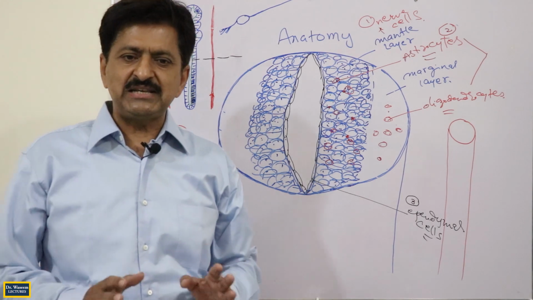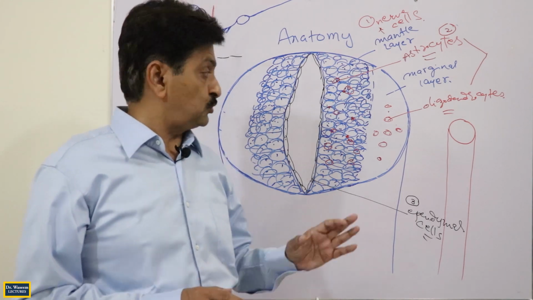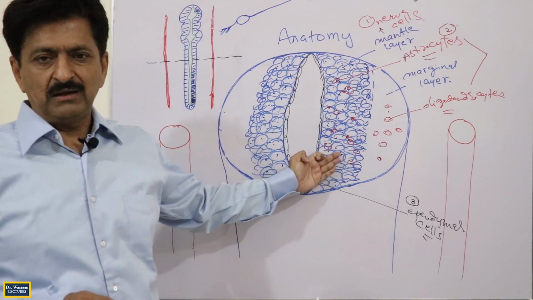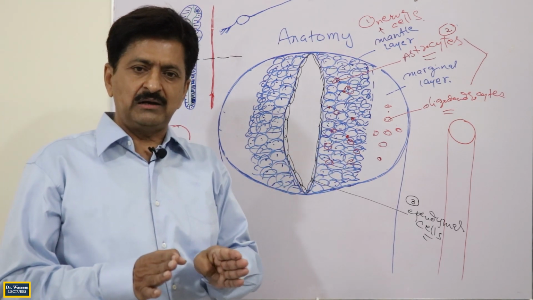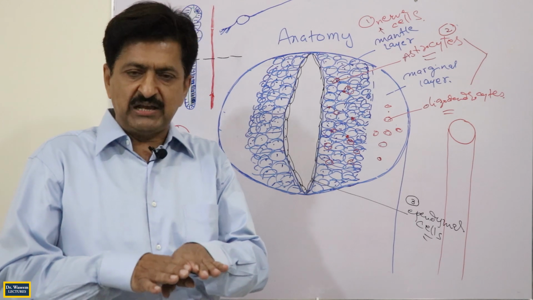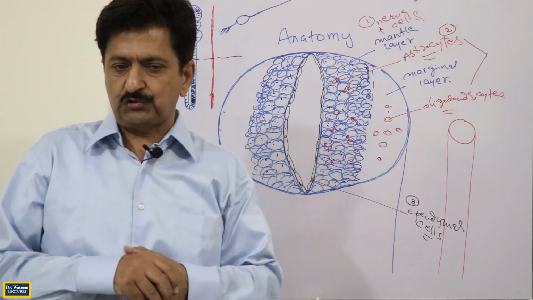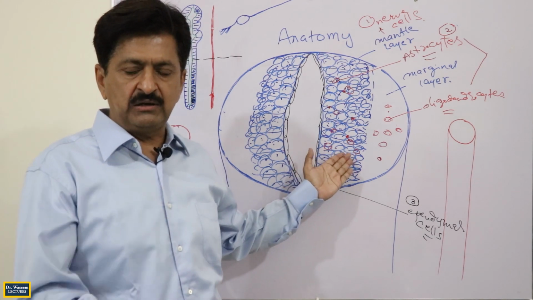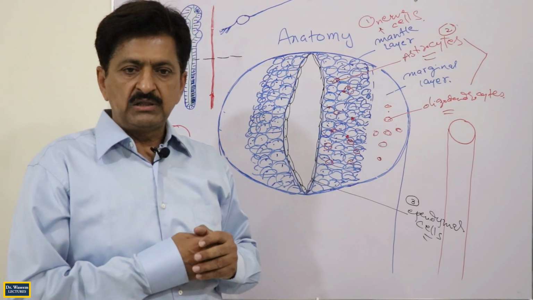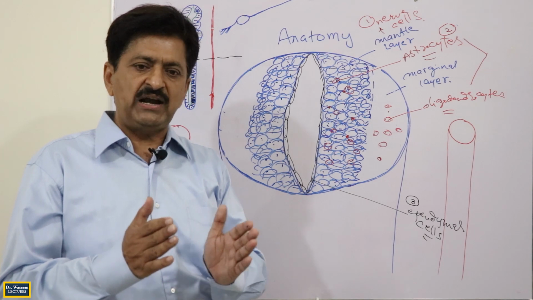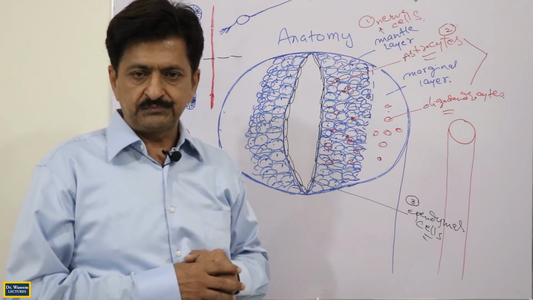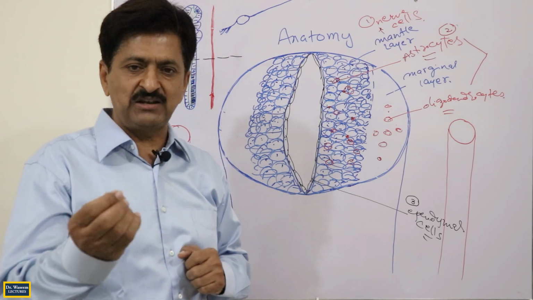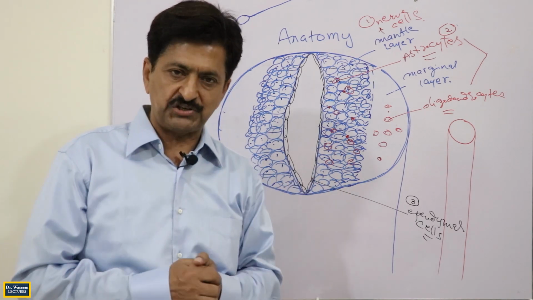As far as the motor and sensory functions are concerned, the neurons in the mantle layer, after the neural tube has undergone full closure here at the end of the 4th week, these neuroepithelial cells which have already given the mantle layer will now be divided into two groups. One will be given the assignment of being sensory in function and the others will be motor in function.